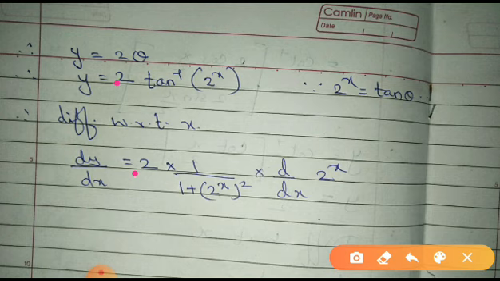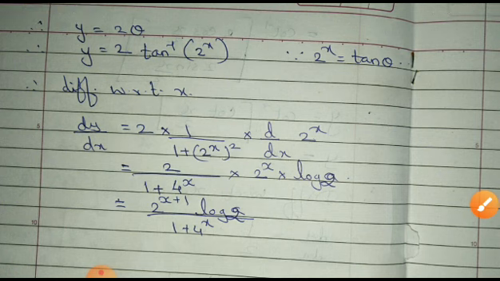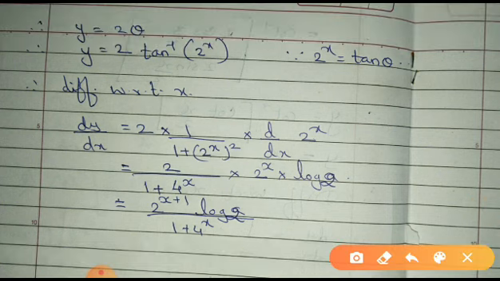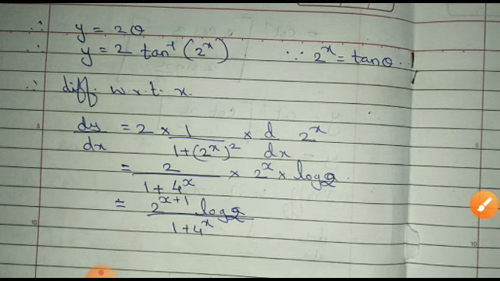It is of the form a raised to x. Derivative of a raised to x is a raised to x log a. So I'll be getting 2 raised to x into log 2, and this will be my last answer. So dy by dx, I'll be getting 2 raised to x plus 1 into log 2 by 1 plus 4 raised to x.